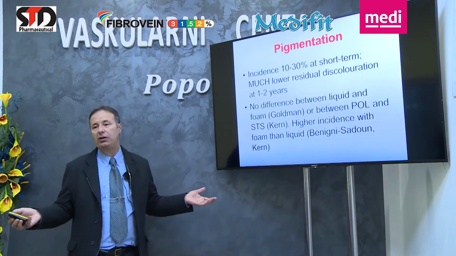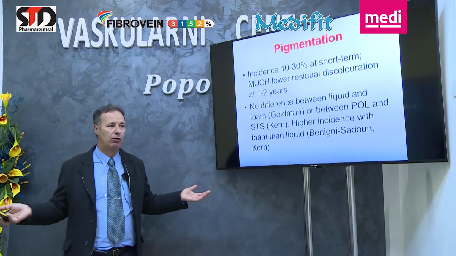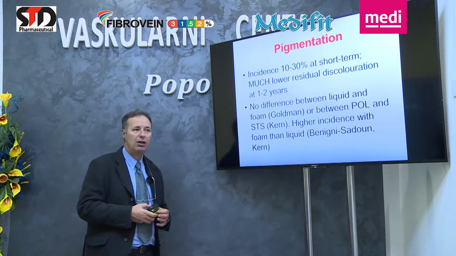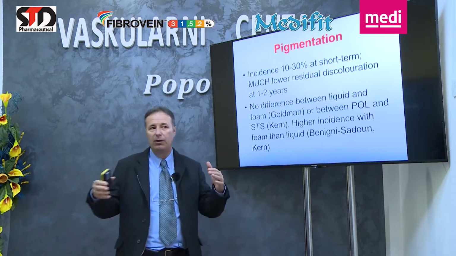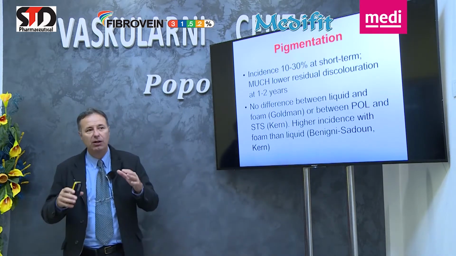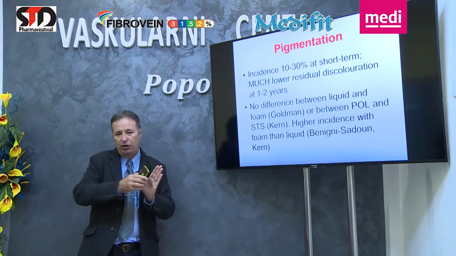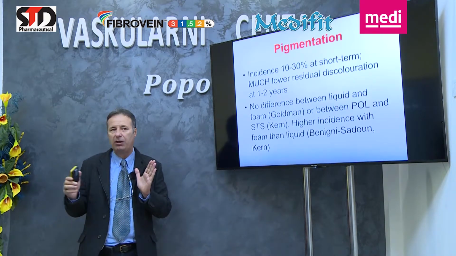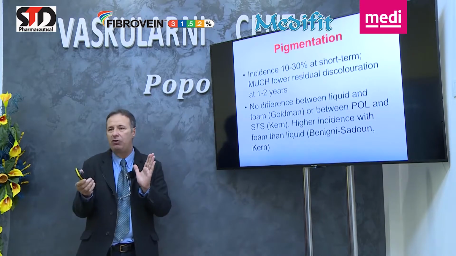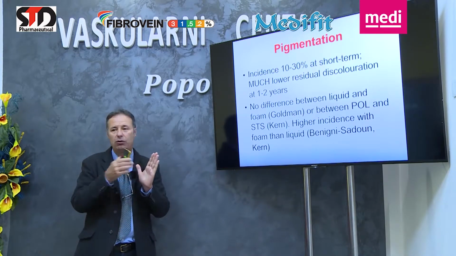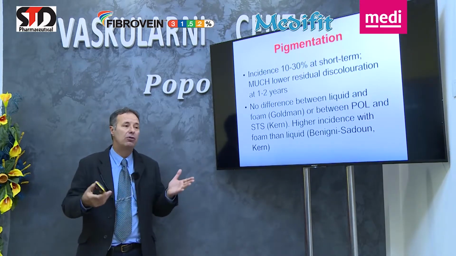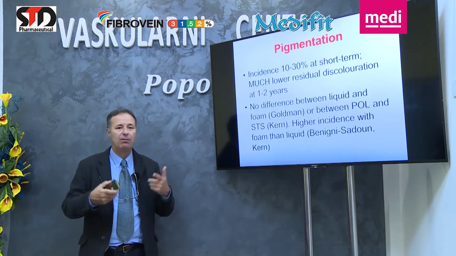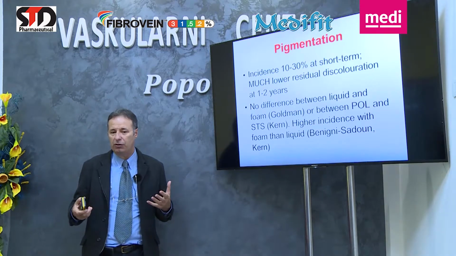Pigmentation is the most common complication of foam sclerotherapy and of sclerotherapy. Let's keep in mind that we all will get, in a learning curve, a 20 to 30% incidence of pigmentation in the first, let's say, 5 years of sclerotherapy. Why? It depends on the technique, but also on many situations which are not easy to handle.